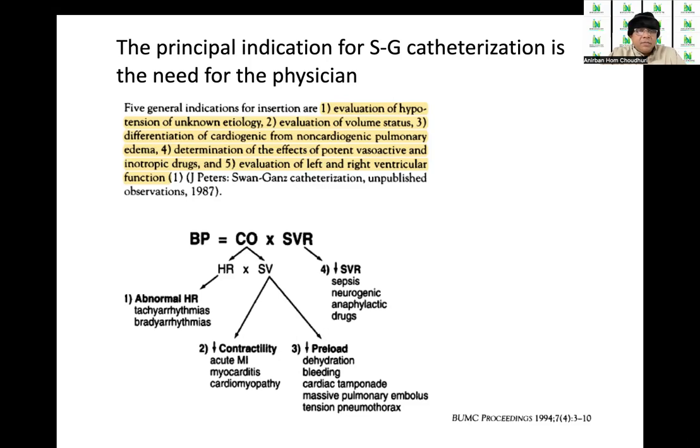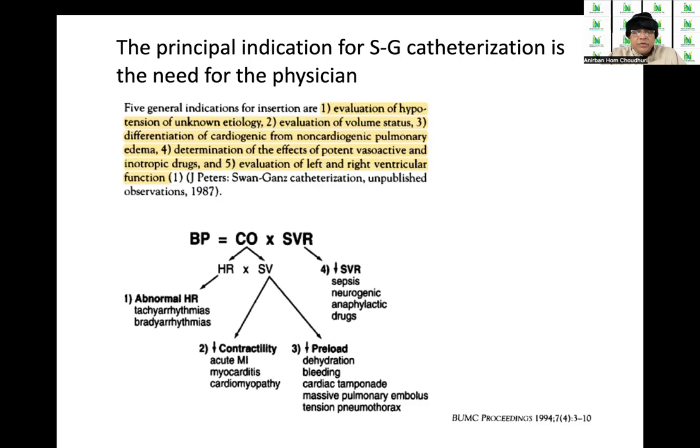That is, blood pressure is the product of cardiac output multiplied by systemic vascular resistance. Systemic vascular resistance is reduced in sepsis, in neurogenic shock, and in anaphylactic shock, and following the administration of certain drugs. The stroke volume depends upon the preload and the contractility, and the contractility is reduced in acute myocardial infarction, myocarditis, cardiomyopathy.